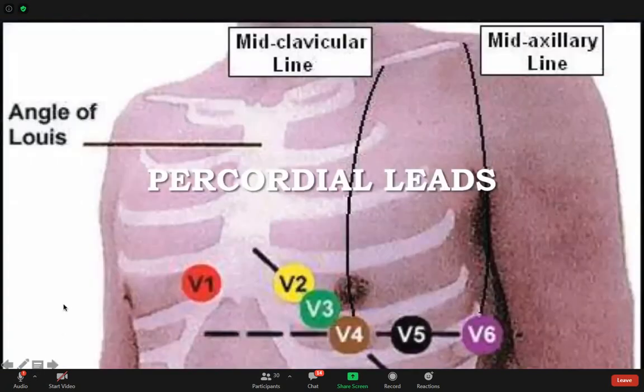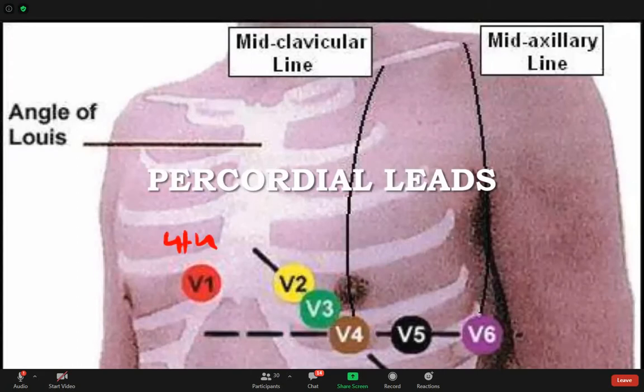So بعدين احنا نجي. So we attached 4 leads, صح ولا لا؟ بعدين we have another 6 leads we attach. Okay, and I want you to remember the positions. For their position V1 at the fourth intercostal space. So this is fourth intercostal space.